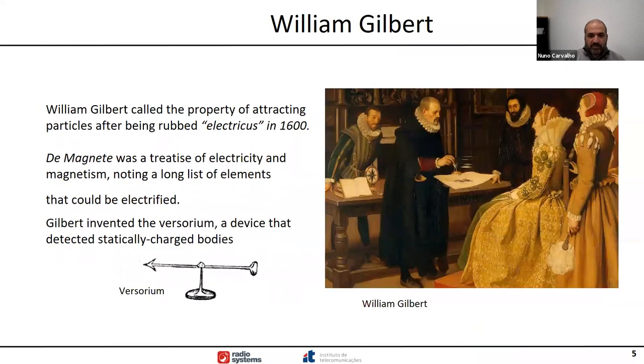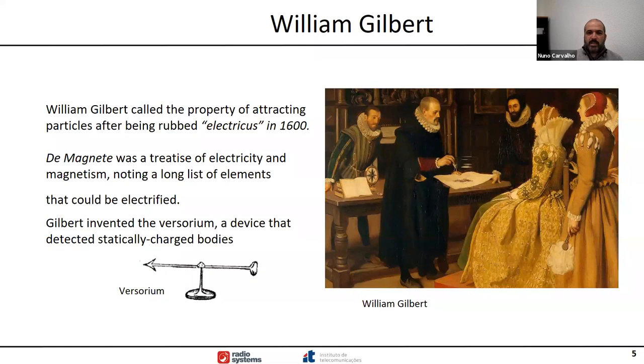Then after a significant number of years, William Gilbert showed one of the first devices, called the versorium, that showed there was a magnetic field and that you can have a device that points to a certain direction.